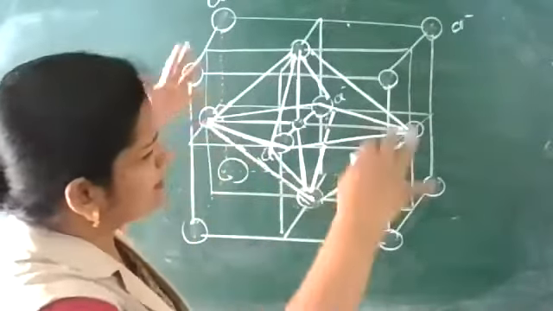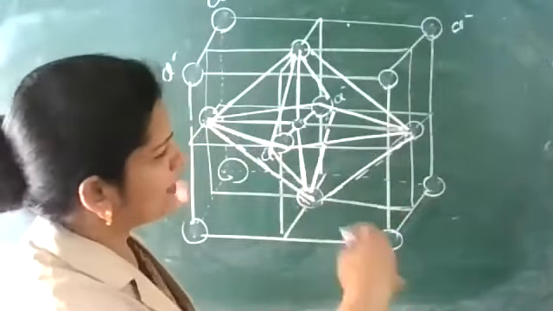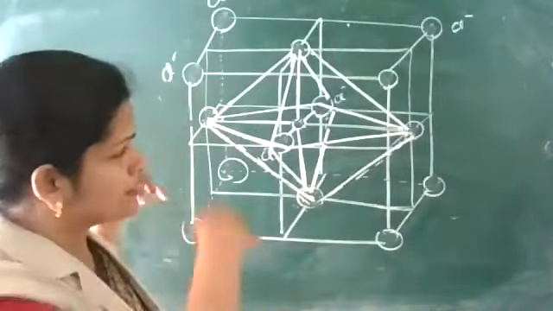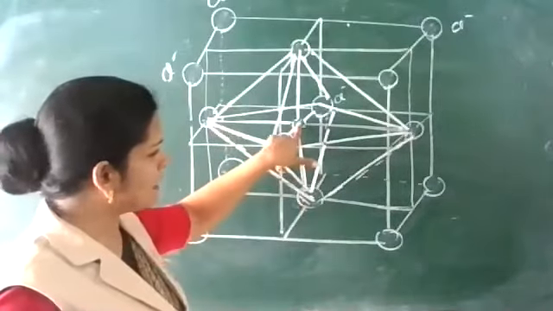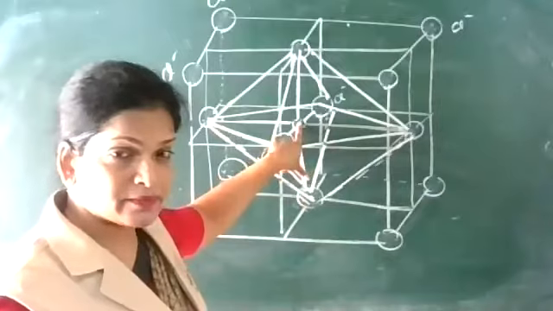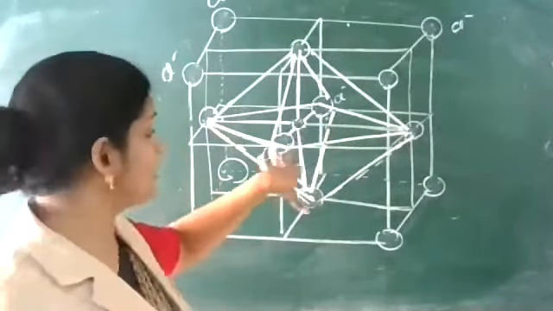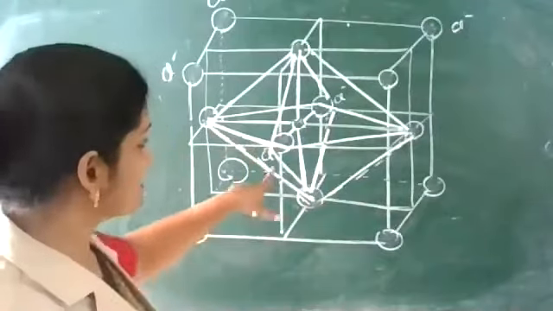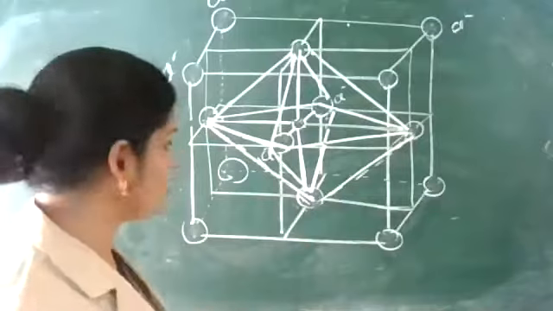You can make a crystal lattice by keeping such unit cells again and again, over and over, to make this entire crystal lattice. This is the unit cell. In this unit cell, this Na plus is in contact with 6, touching. Contact means touching 6 Cl minus. So this is an octahedral void.